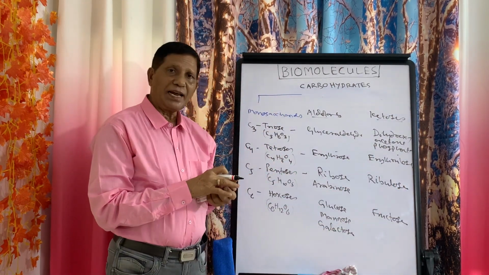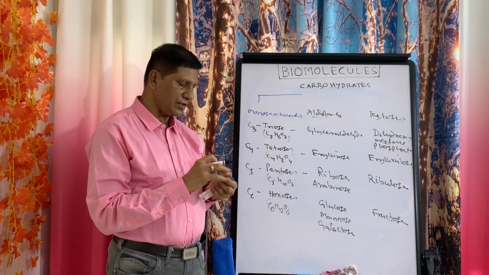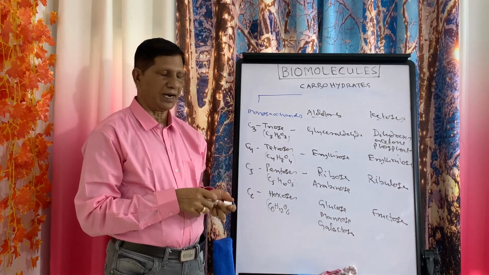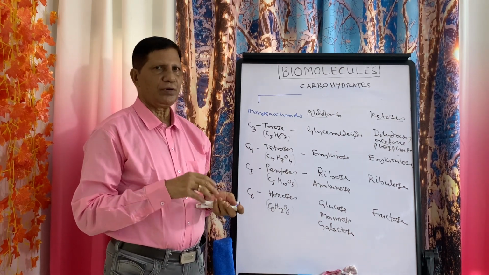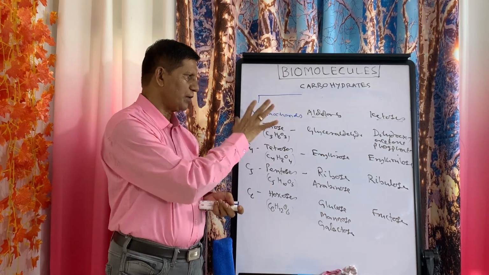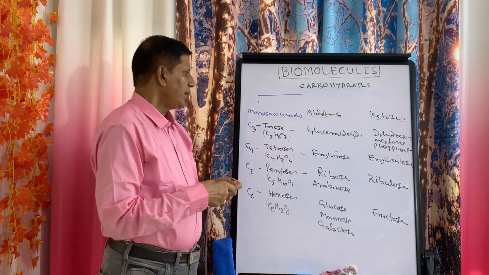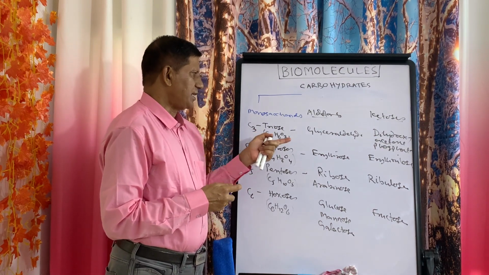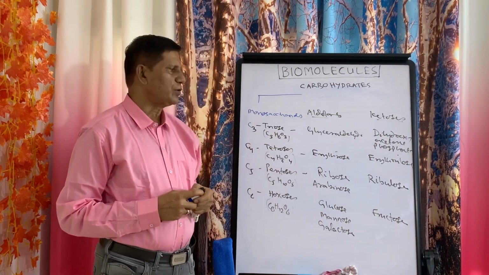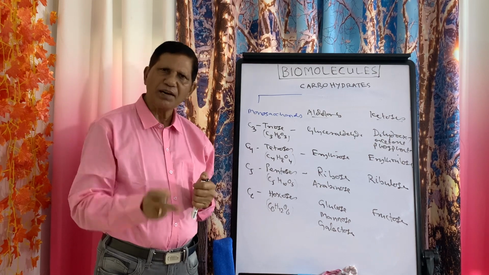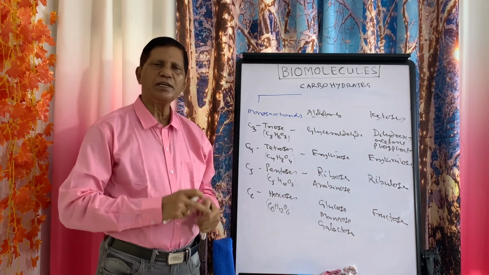Now if you analyze the function of these different types of monosaccharides, because before we go to the structure we have to discuss what are the importance of these monosaccharides. Now among the trioses, the glyceraldehyde and dihydroxyacetone phosphate, these are the major compounds in case of photosynthesis and respiration.